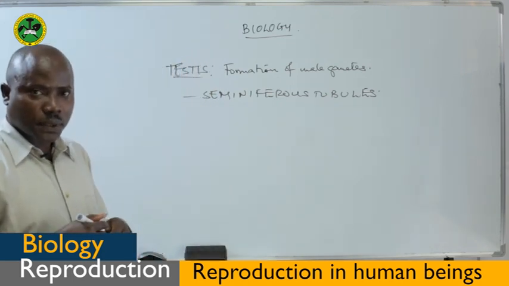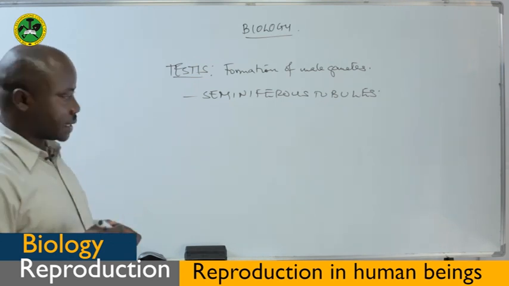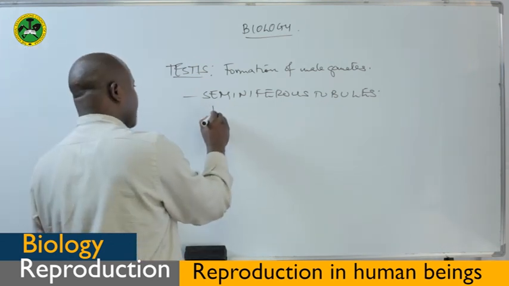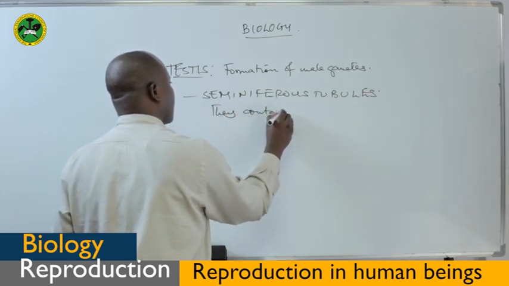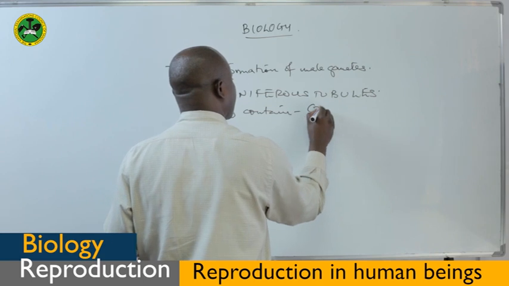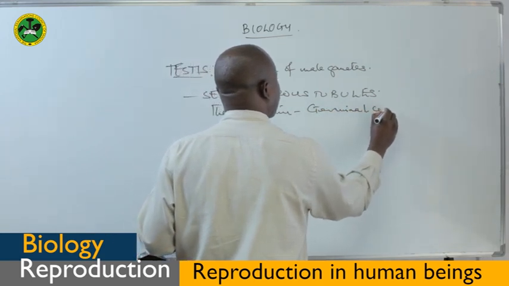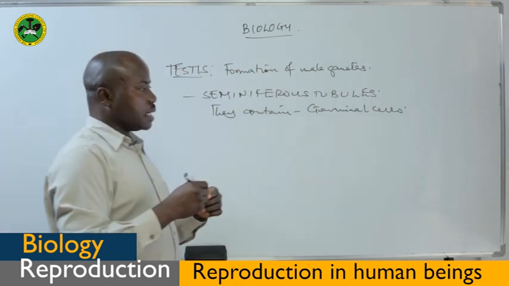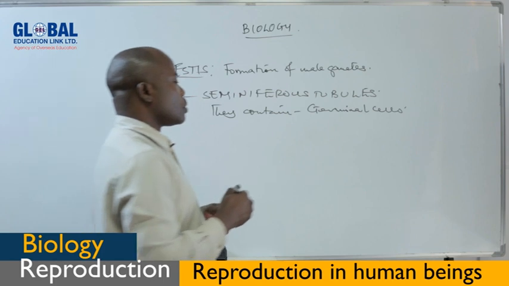These are tubes in which the process of gametogenesis takes place. They contain germinal cells; these are diploid cells that give rise to spermatozoa.